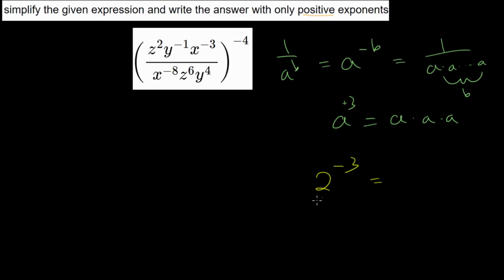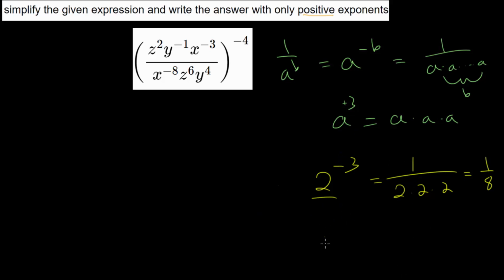This just means take this number and divide it this many times. So we need to divide 2 3 times. We get 1 over 2 times 2 times 2 in the denominator. And we can see this is just 1 over 8. So the negative exponent just means to divide repeatedly.